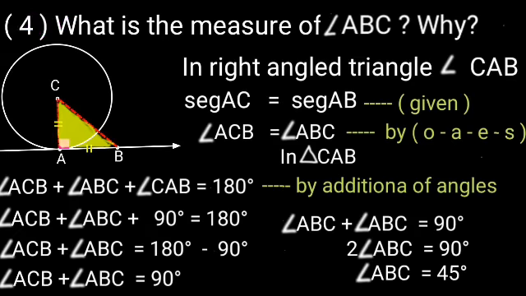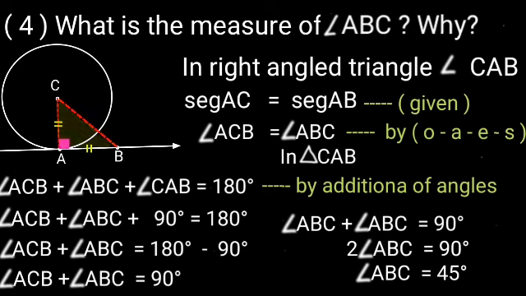Fourth sub question, what is the measure of angle ABC? In right angle triangle CAB, segment AC is equal to segment AB, that is our given.